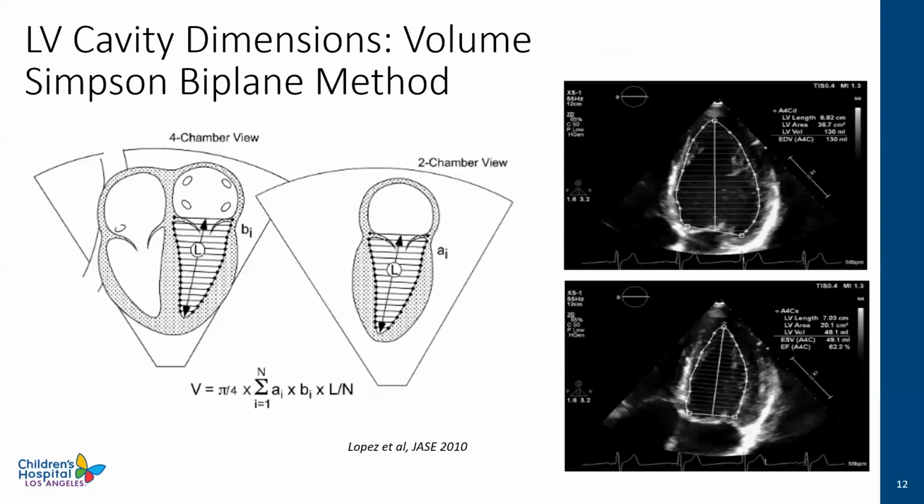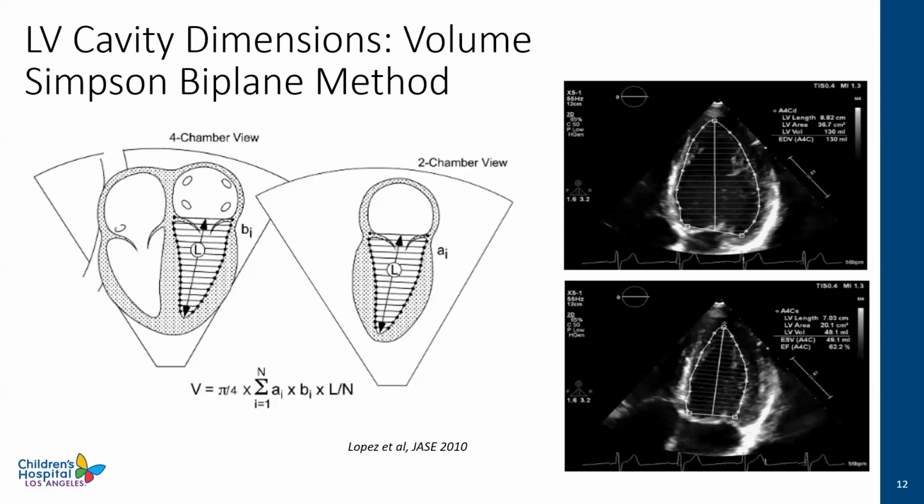I'm going to just quickly go over this because I know you're going to get this in another lecture as well, but the other really common quantitative measure we can do is LV cavity dimensions with the Simpson biplane method. And so you are doing this in both the apical 4-chamber and the apical 2-chamber views, and you're tracing the LV cavity at end diastole, which is that bottom picture, or in end systole.